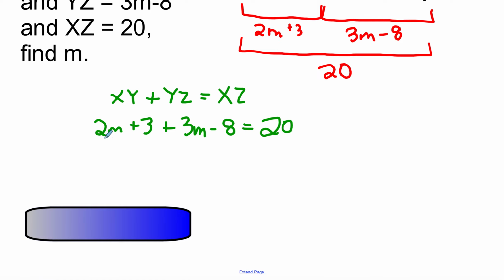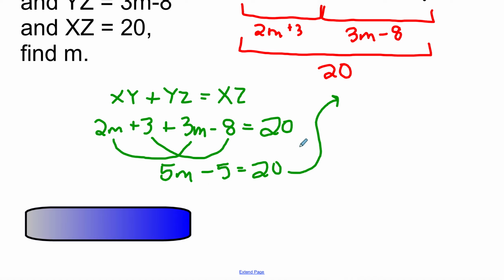And so I'm going to do that. 2m plus 3m is 5m. Positive 3 minus 8 is negative 5, equals 20. Now I need to move this 5 over to the other side, so if I add 5 to both sides, then those cancel out, and what I have left on this side is 5m, and 20 plus 5 on the other side is 25.